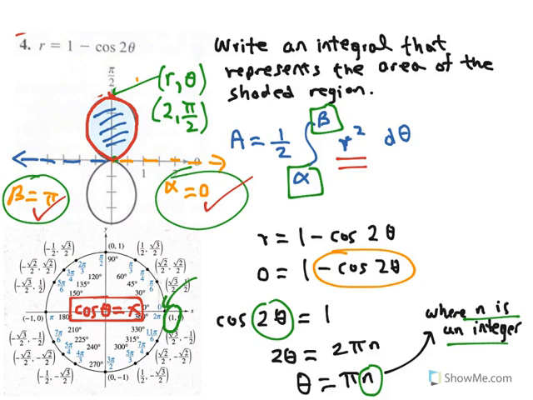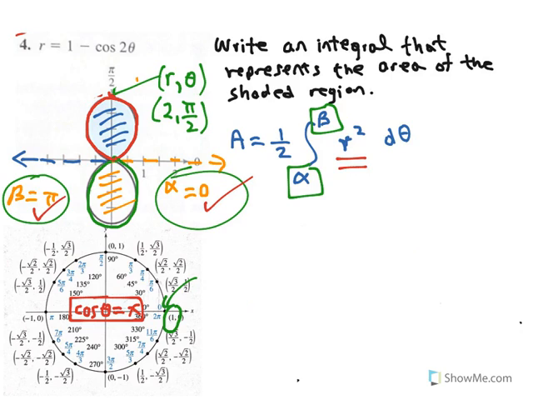And if you go from pi to 2 pi, you'll get the green part of the curve, and it would be this part here. And you could also have your limits of integration from pi to 2 pi, because these two regions are in fact congruent. But that's how you would do it, and you can go ahead and click on the link to watch the same thing that we just went over using Desmos.